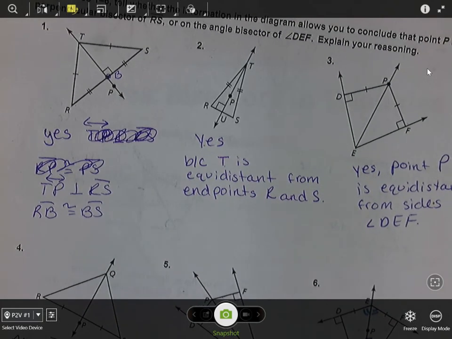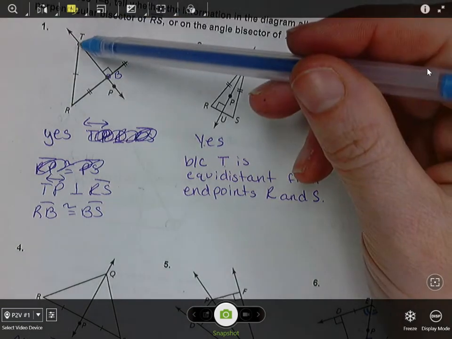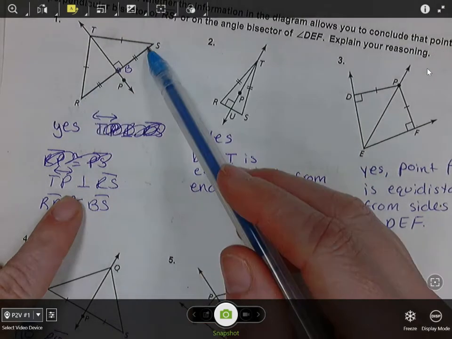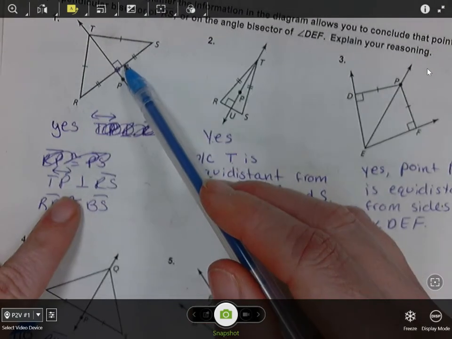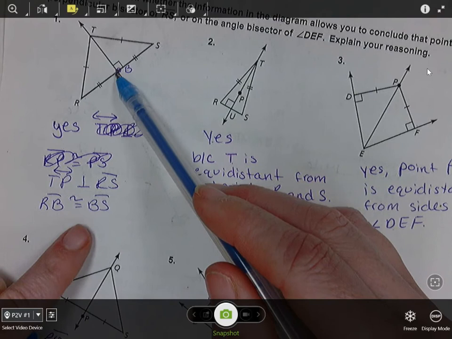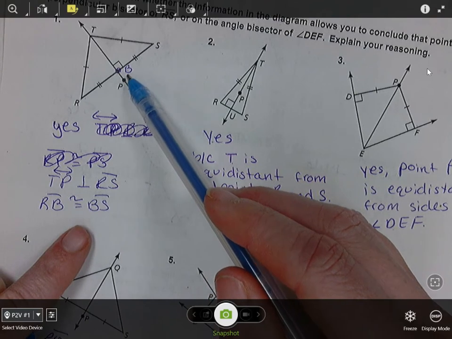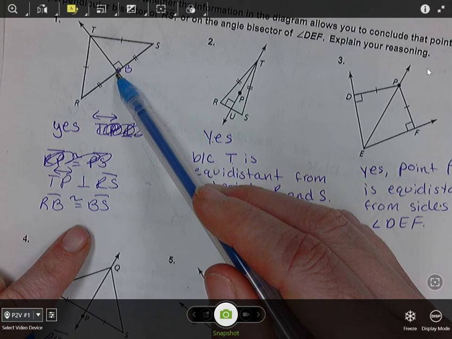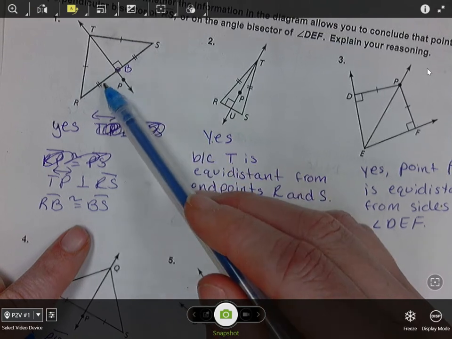Let's pay attention, please. It is on the perpendicular bisector. How I knew that was because there's a right angle, which means that the line TP is perpendicular to the line RS. And then also, they didn't have a point there where they intersected, so I just made up a point B. RB is congruent to BS.